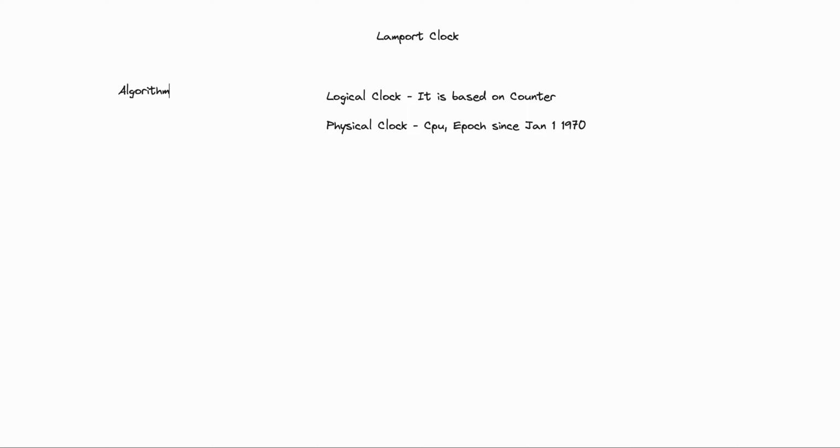First, each node has a counter, called T, initialized to 0. Whenever an event occurs on a local machine, we increment T equals T plus 1. If there is an event to send a message to another node, we increment the counter and send the timestamp associated with the message.